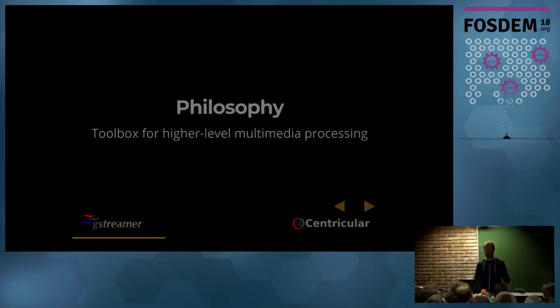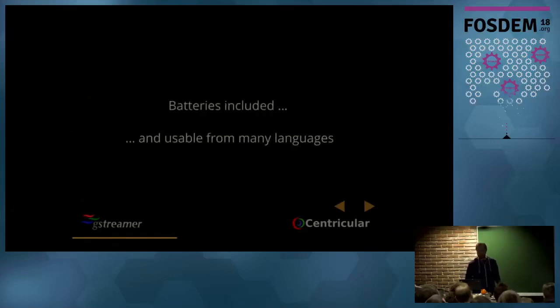We're not redeveloping the world. We try to make use of whatever is out there already. And the target systems are everything from embedded systems upwards. And as said, GStreamer itself doesn't know anything about audio and video. Everything is added via plugins, and we have some kind of batteries included philosophy here.